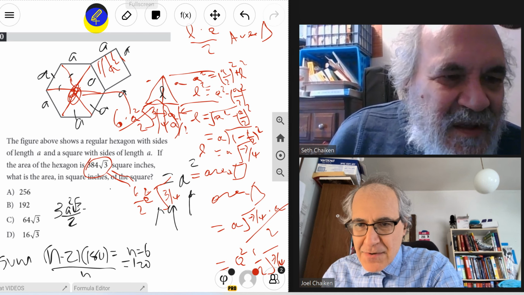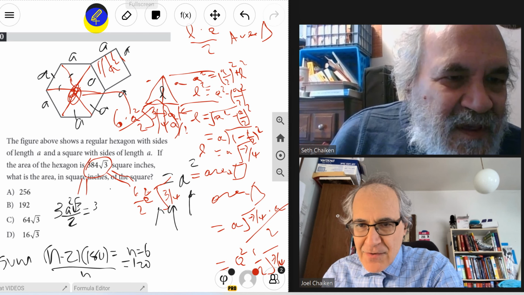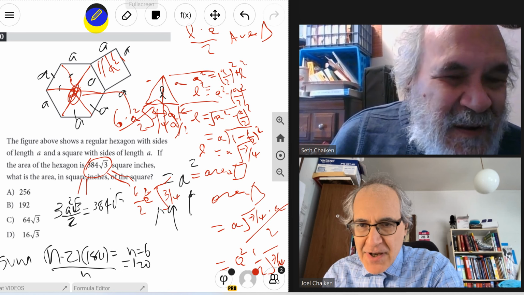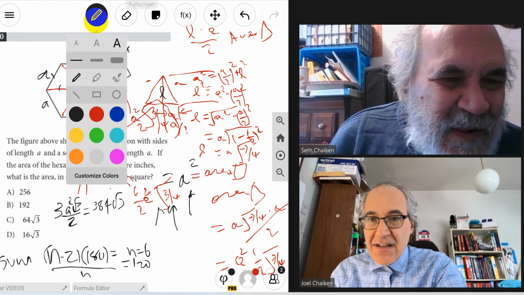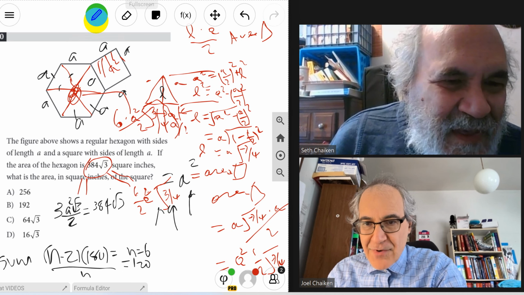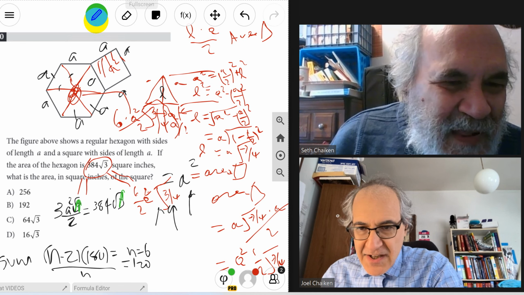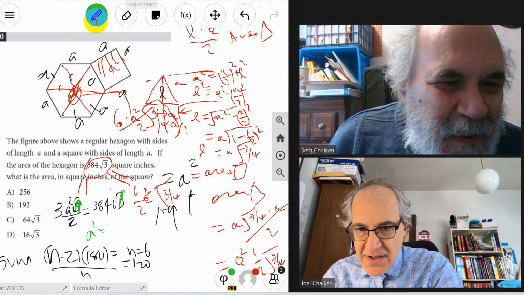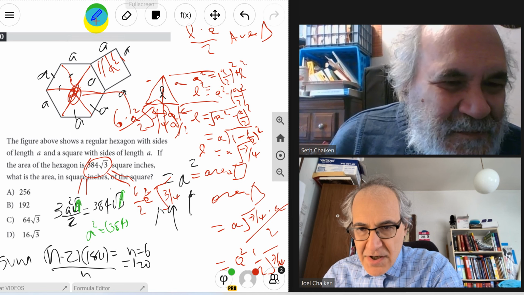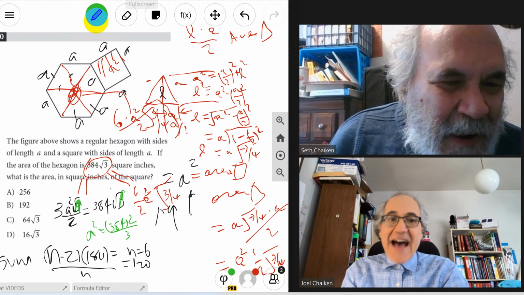And that just equals 384. So radical 3. Now notice conveniently that the SAT people gave you a radical 3 on both sides, so goodbye radical 3. So this is simply A squared equals 384 times 2 divided by 3. And now the calculator comes in.